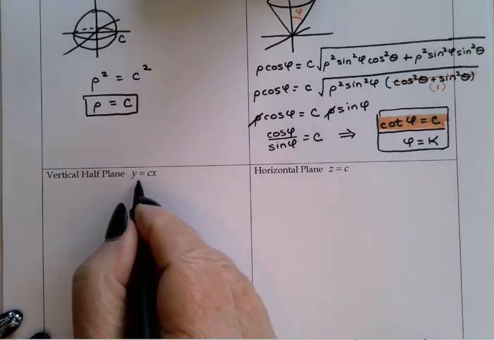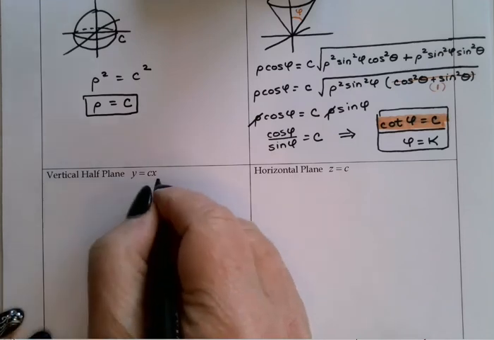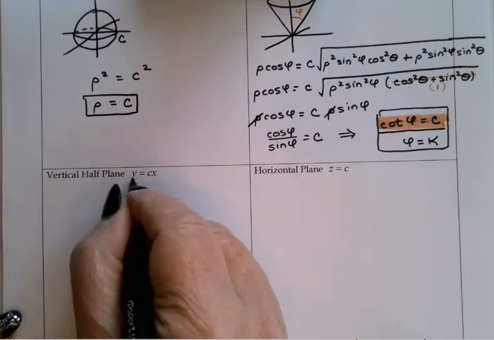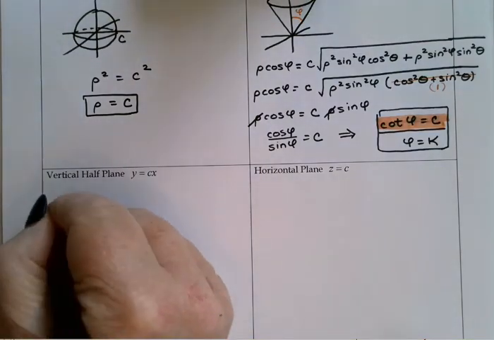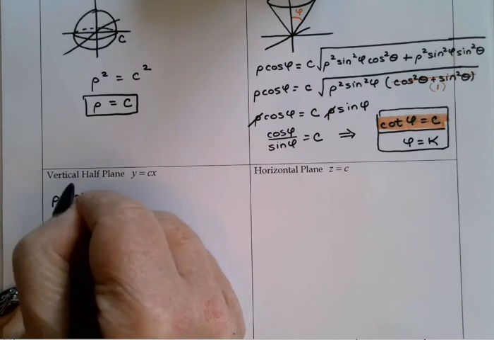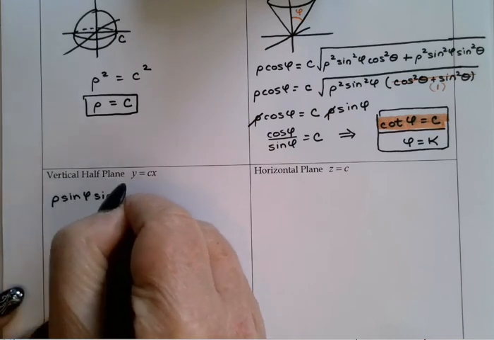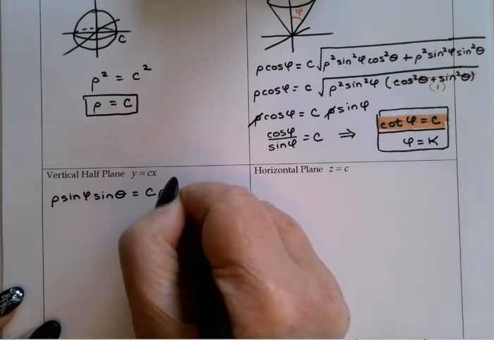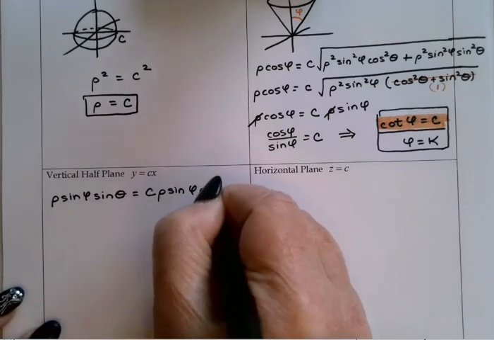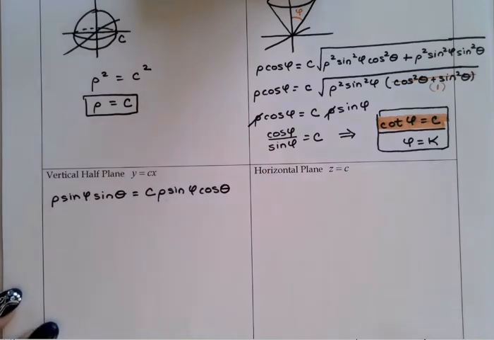For the vertical half plane, I'm going to go ahead and do the algebra first this time. Again, I'm just going to plug in the y and the x, using my conversion equations here. y is rho sine phi sine theta, and that's equal to c times x, which is rho sine phi cosine theta.